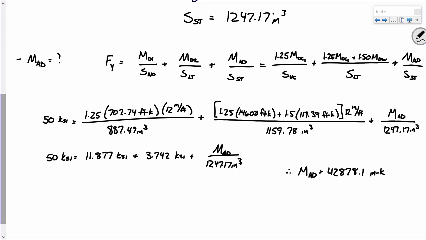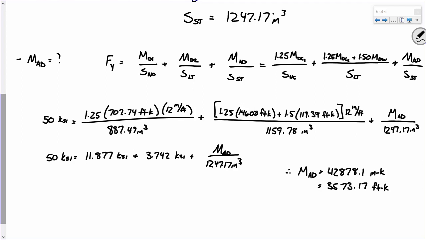And if you don't believe me, you can plug that in, or just take 50 KSI minus that, get an answer, and then multiply it by that. Close enough for government work, right? So that's in inch kips. What I'll do is convert that to foot kips, and I propose that that is 3573.17 foot kips.